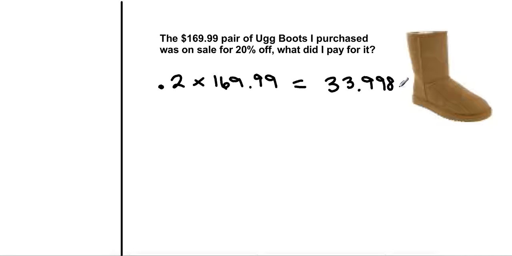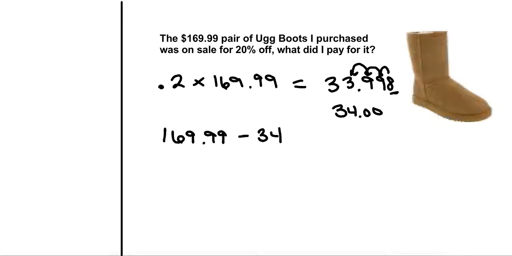Well, this 8 tells this 9 to go up to a 10, which tells this one to go up to a 10, which then tells this to go up to a 4. So all of this rounds to $34 I'm saving. So now I would take $169.99 minus my 34. And I am spending, for these boots, $135.99.